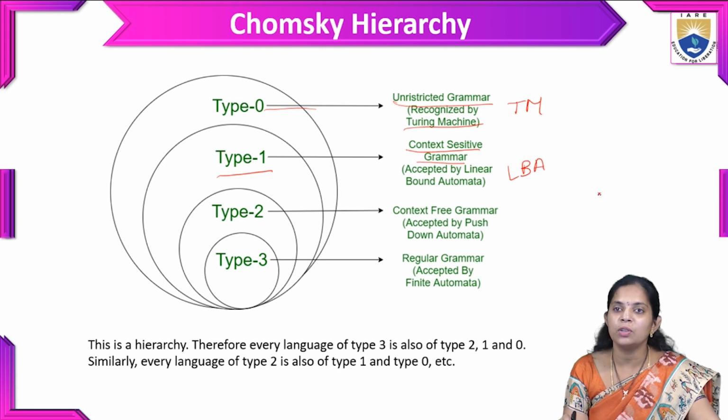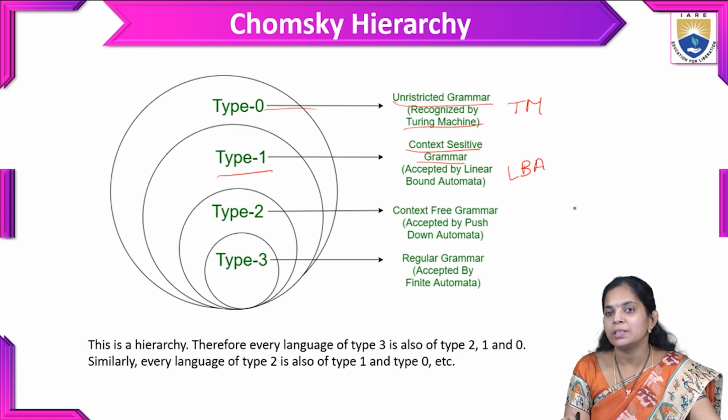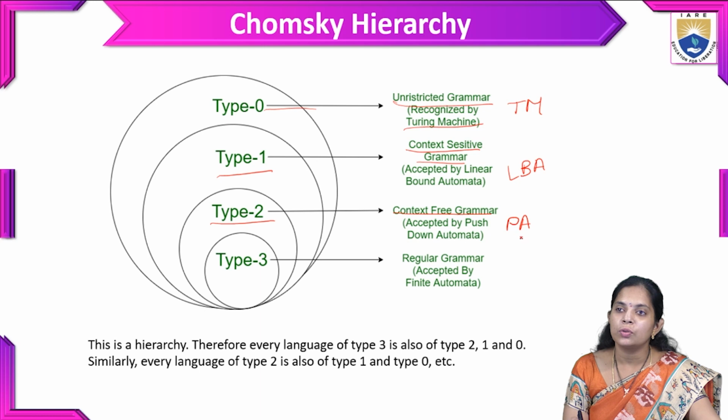In the previous video we discussed the linearly bound automata and its tape symbol representation. Type 2 grammar, the context free grammar, is recognized by the pushdown automata, so that is type 2 language.